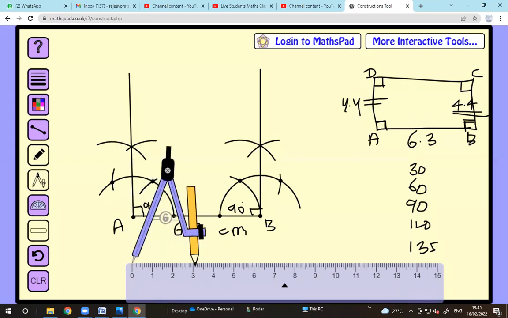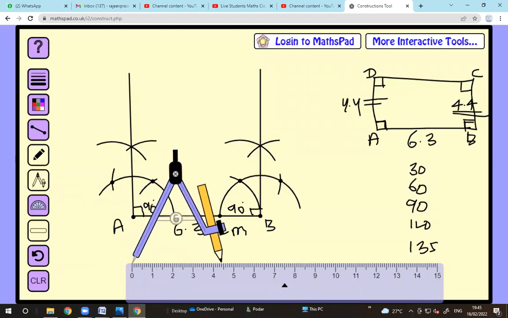So what is the length of CB? CB is 4.4, no? BC or CB, both will be the same, right? Yes.